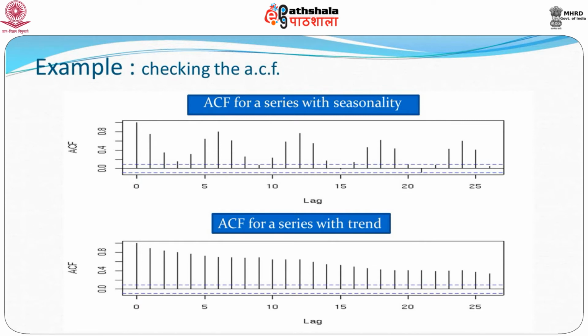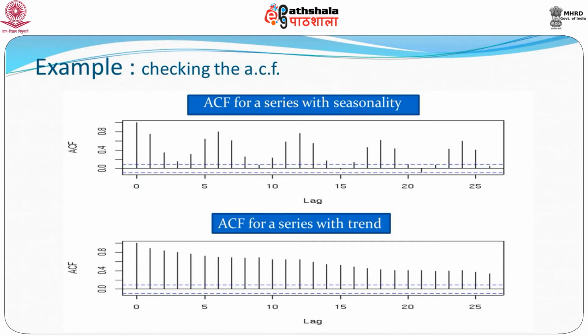First, look at the diagram in the lower panel. In this case, we have a trend, and you can see that even at a lag of 25-26, there is a very high value of the autocorrelation.